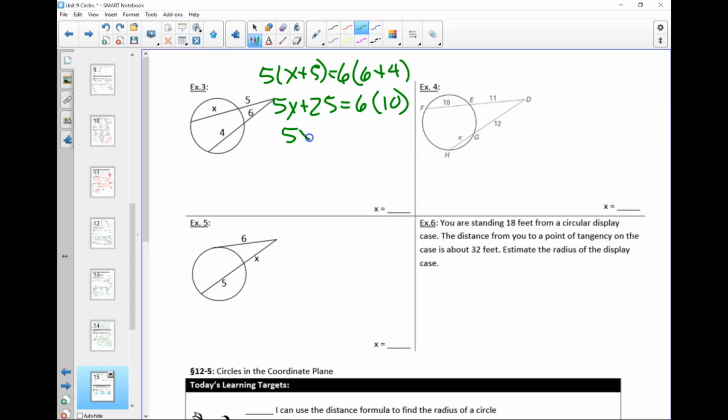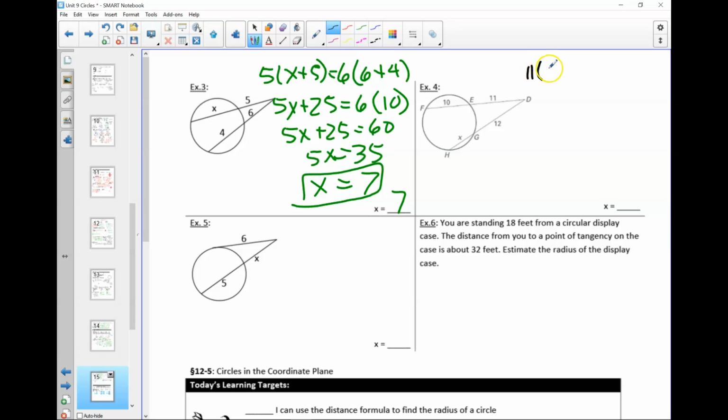So 5x plus 25 equals 60. 5x equals 35. So x equals 7. Example 4.